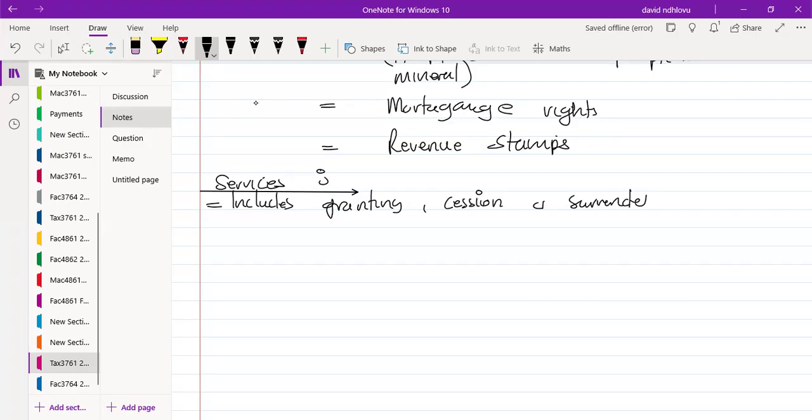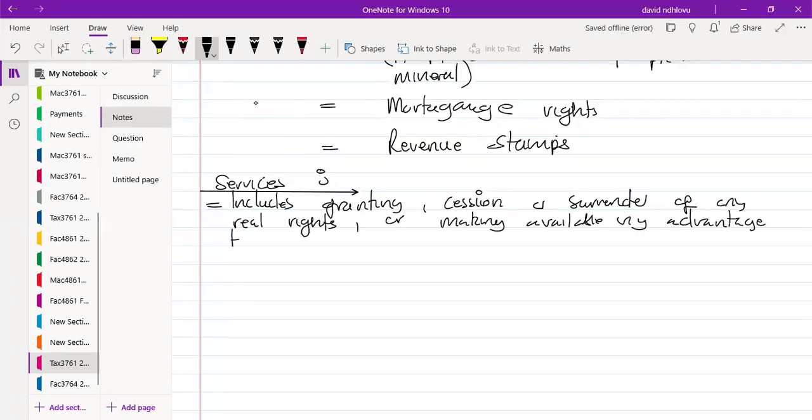Please mute if you're having any noise on the side. So that is the official definition. Doesn't really make much sense, right?